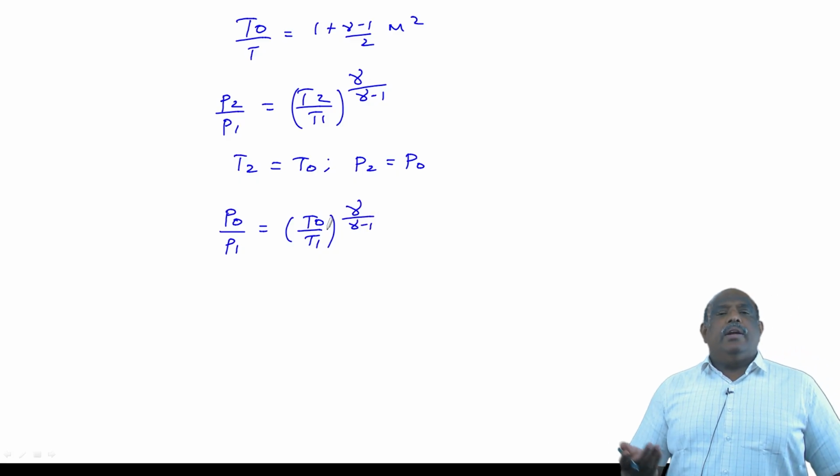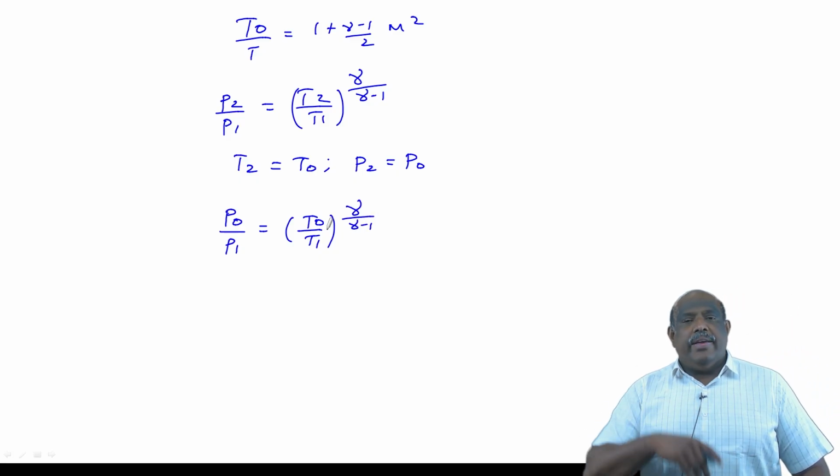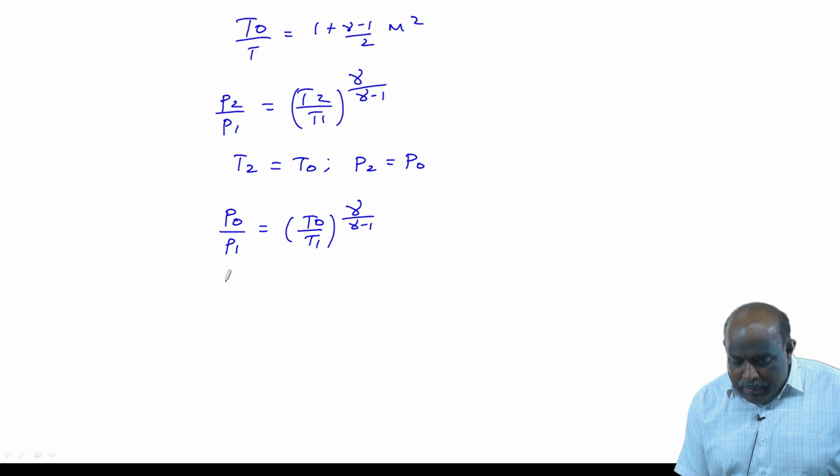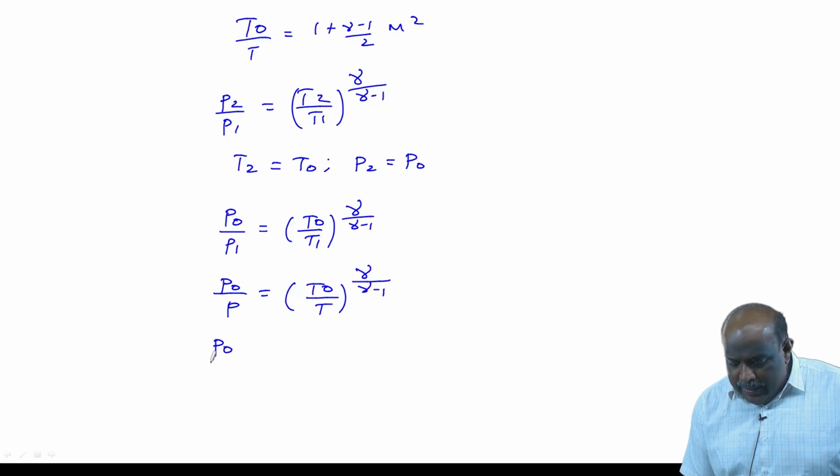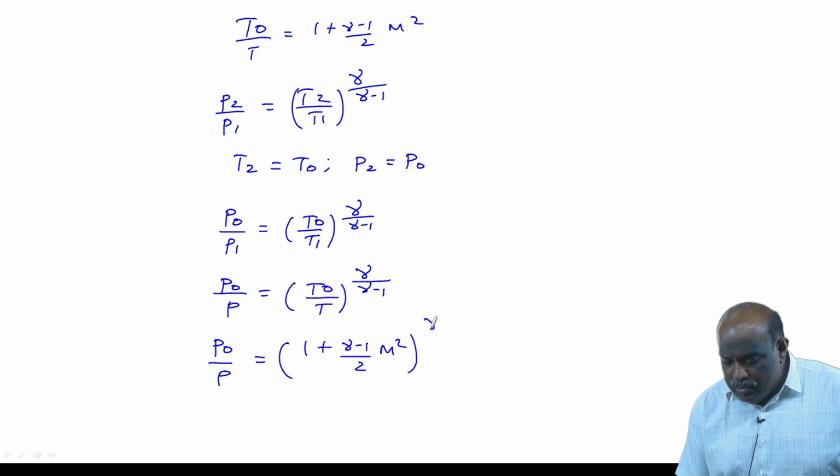Instead of P1 and T1, it can start from any location. It can be variable, which means P naught by P equal to T naught by T whole power gamma by gamma minus 1. Now, we substitute the value: P naught by P equal to 1 plus gamma minus 1 by 2 into M squared whole power gamma by gamma minus 1.